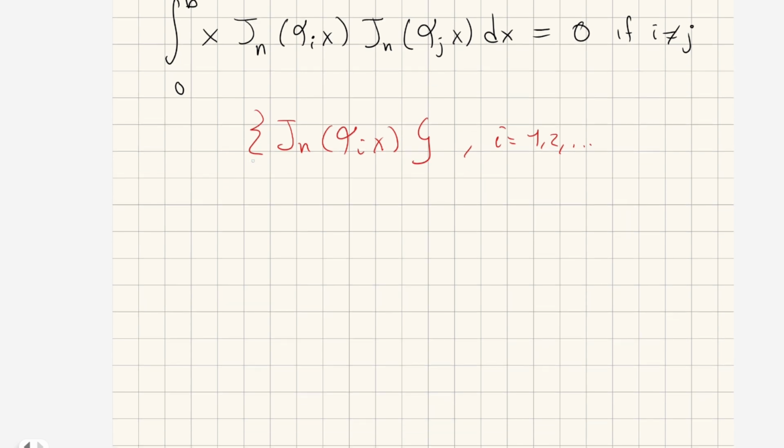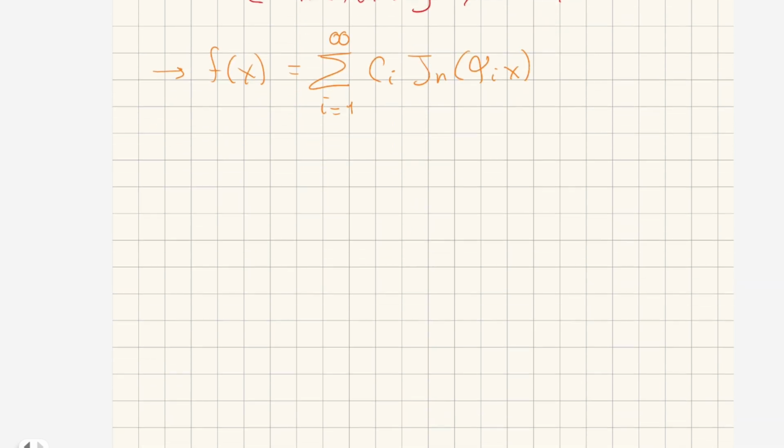Well, if we have this set, then we are able to express a function f of x as a linear combination of these functions, right? Like this. This is from i equals 1 up to infinity. And this is because these functions Jn, well, they are orthogonal.